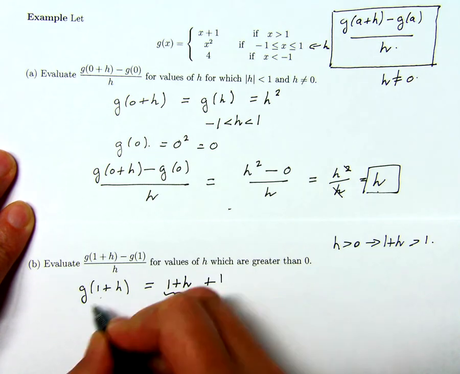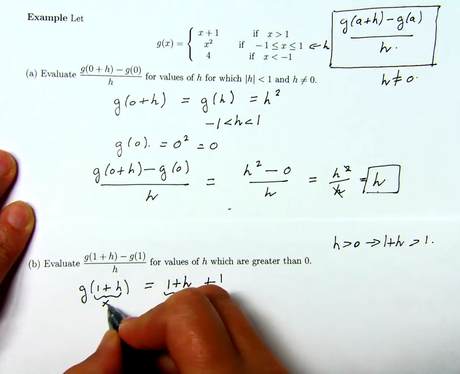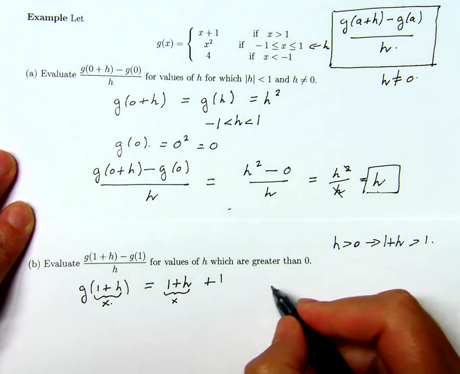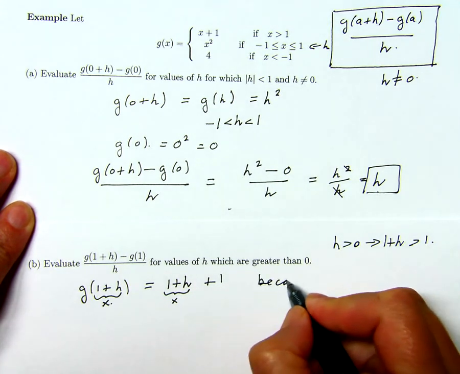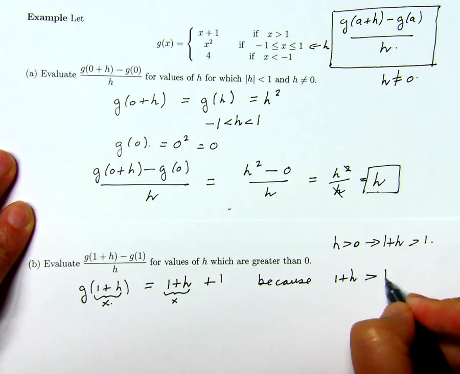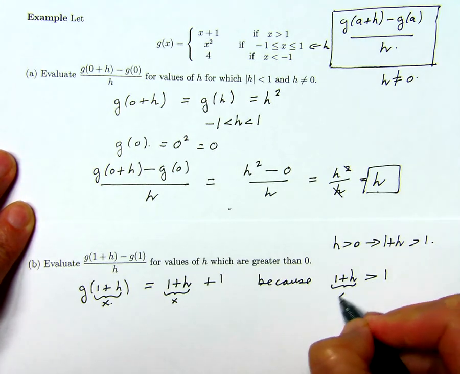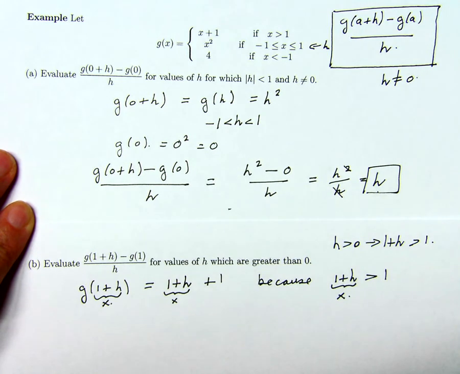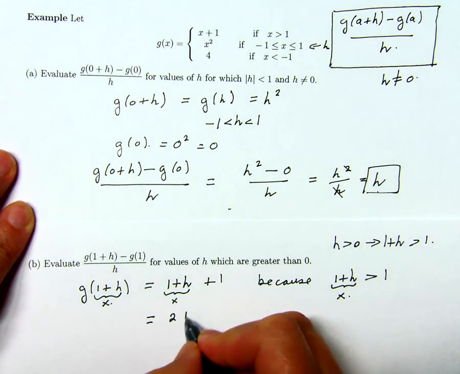This is my x value here. I'm substituting that for x in the formula, and that's because 1 plus h is greater than 1. So it fits in the category x greater than 1. Now this is equal to 2 plus h.